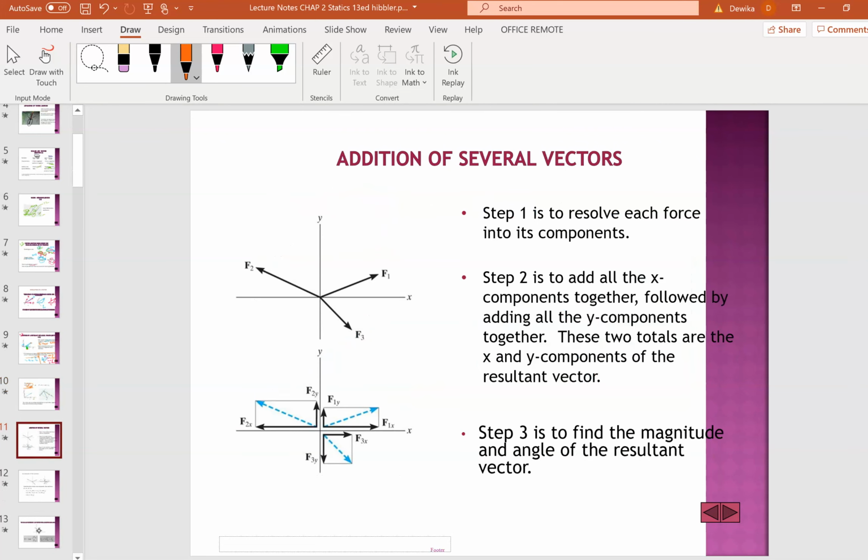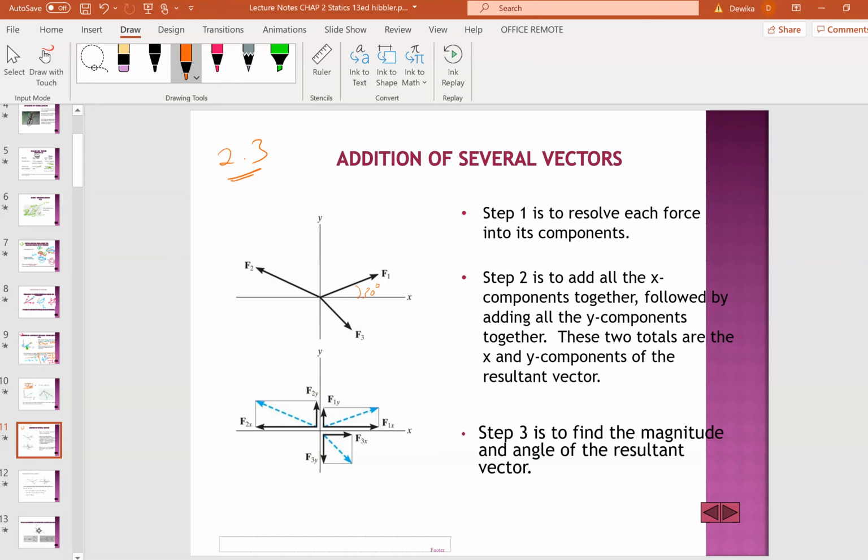Now, addition of several vectors. Let's look at your textbook, still at 2.3, before we enter example 2.1. You resolve F1, let's say the angle here is 30.